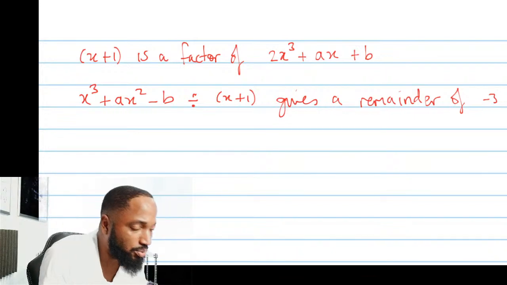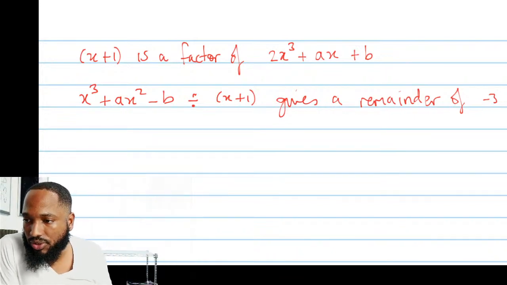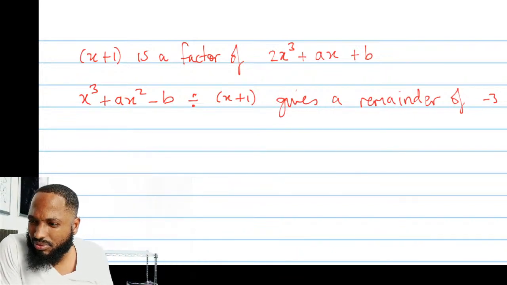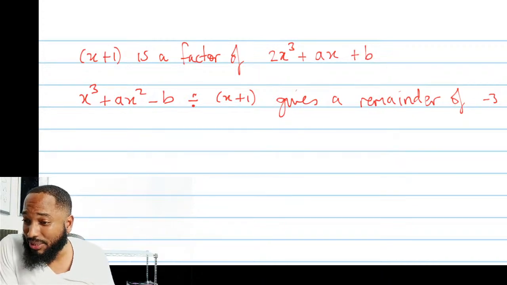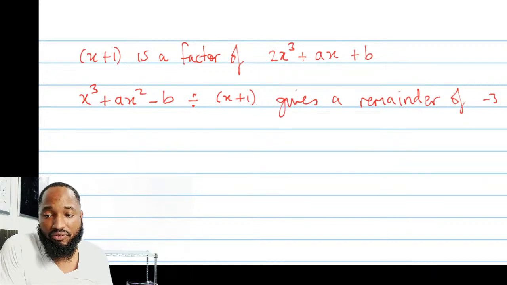A simultaneous polynomial was a little scary. So x plus 1 is a factor of 2x cubed plus ax plus b, and x cubed plus ax squared minus b divided by x plus 1 gives a remainder of negative 3.